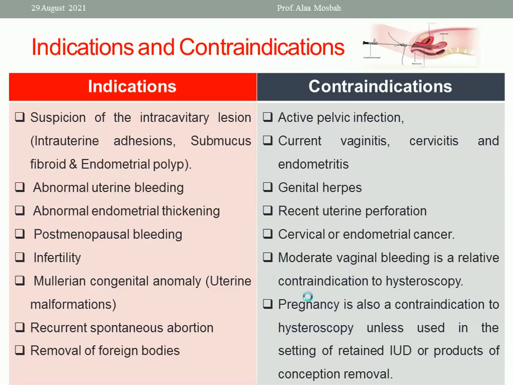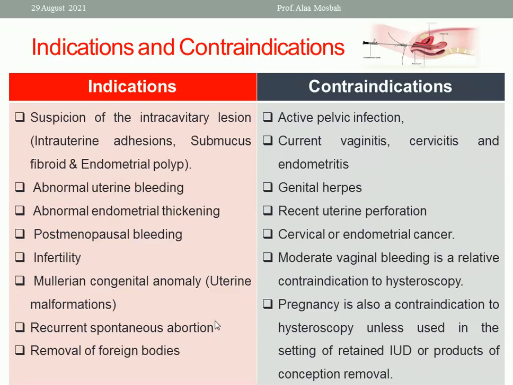Also can be used in cases with abnormal endometrial thickening and thickening biopsy, in cases of postmenopausal bleeding, in cases with infertility to diagnose any intracavitary lesion, and also in cases of recurrent miscarriage to diagnose intracavitary lesion and abnormalities in the endometrium.